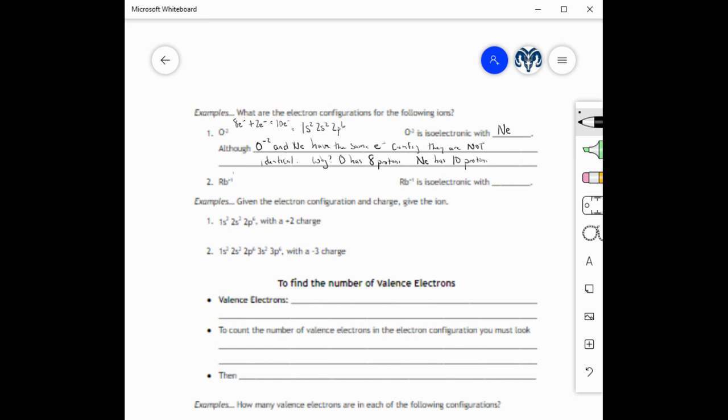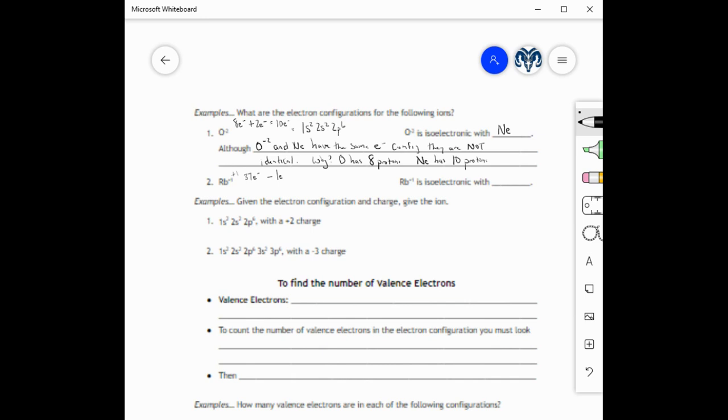That's a plus 1. Now, if rubidium has a plus 1 charge, it has lost 1 electron. So rubidium has 37 electrons, but I am losing 1 electron.